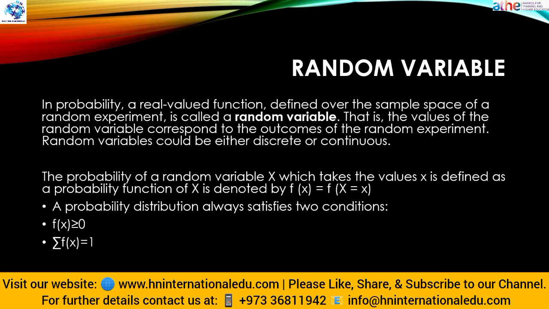Random variables could be either discrete or continuous. I hope you have the concept of discrete and continuous. Discrete numbers are the numbers which are directly 1, 2, 3, 4, 5. But continuous numbers include all the numbers between 1 and 2, like 1.1, 1.2, 1.3, 1.111, or all the possible numbers between 1 and 2.